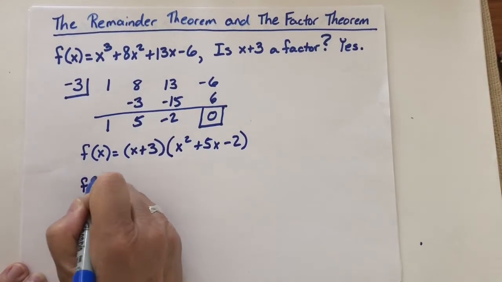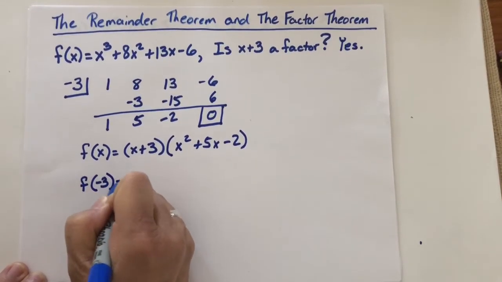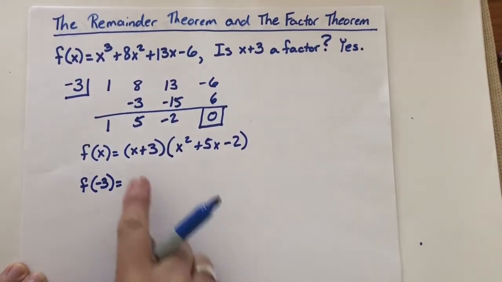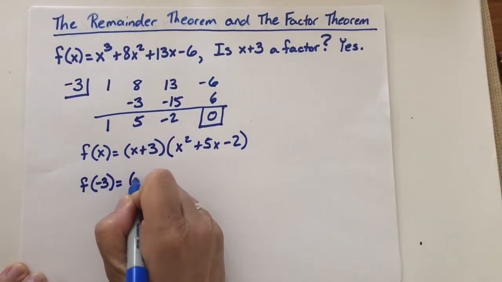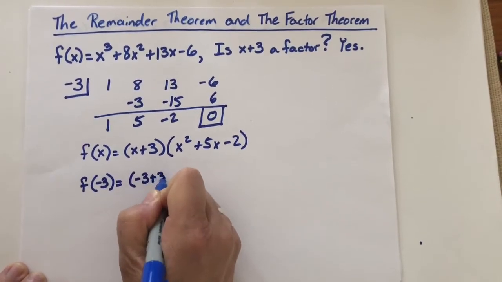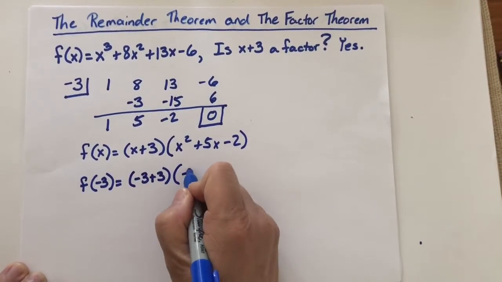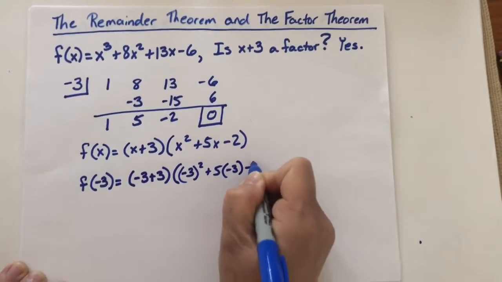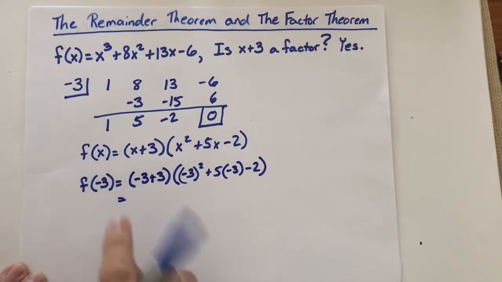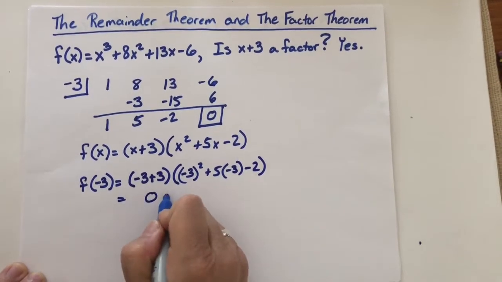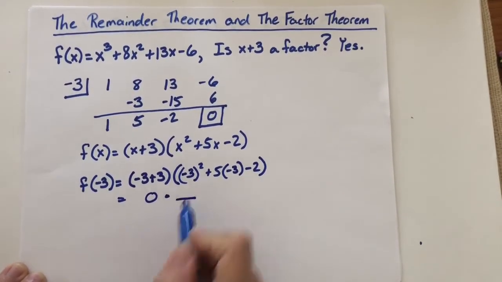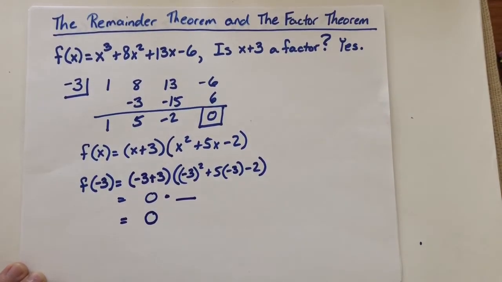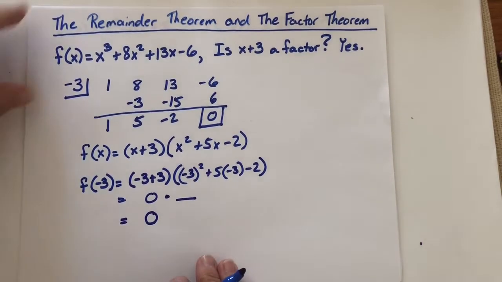If you were to evaluate f of negative 3, you could substitute it into the original function as it was written, or we could substitute it in right here. If we do that, we have negative 3 plus 3 times negative 3 squared plus 5 times negative 3 minus 2, and that equals 0 times, and now I don't really care what that value is. So we see that f of negative 3 equals 0. We're going to come back to that in a minute.